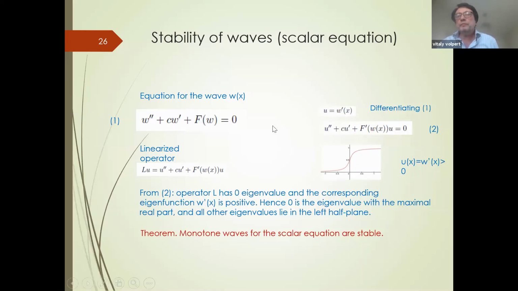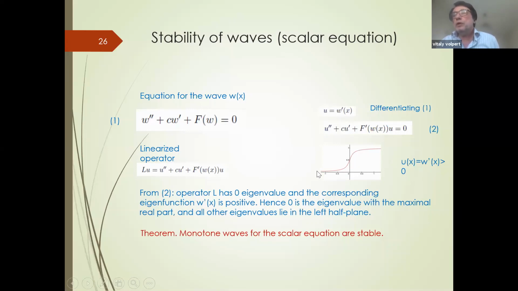This means that the operator L(U) written here has 0 eigenvalue, and the corresponding eigenfunction W prime. So again, 0 is an eigenvalue, with the corresponding eigenfunction U(x) equal to W prime.